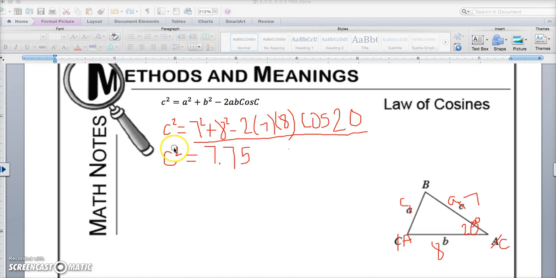But that says C squared equals 7.75, not that C equals 7.75. So just like the Pythagorean theorem, you have to take the square root of that number. If you don't take the square root, your answer is going to be incorrect. So when I take the square root of that number, I get C is equal to 2.78. And that is your final answer. Don't forget to square root.